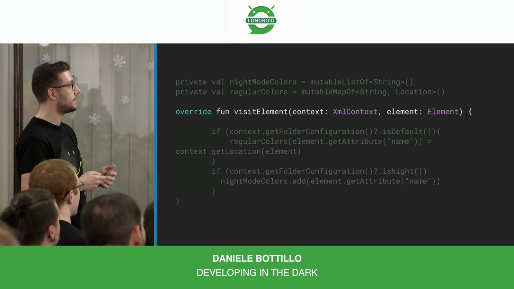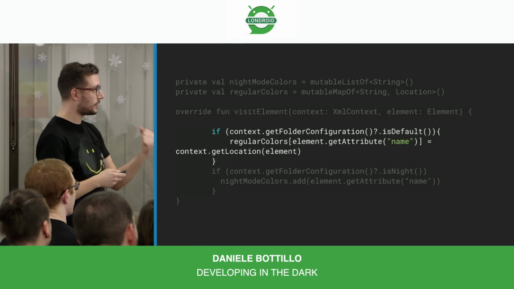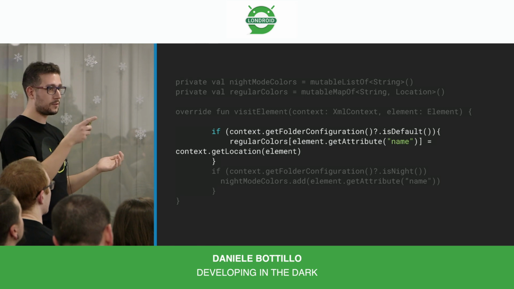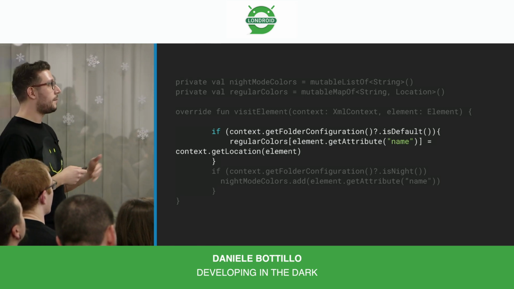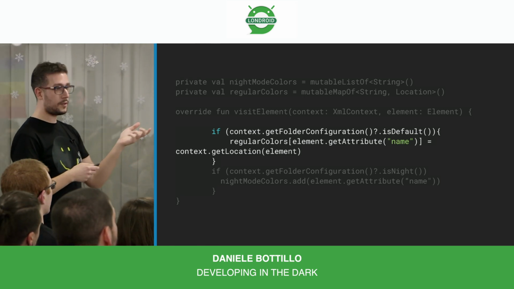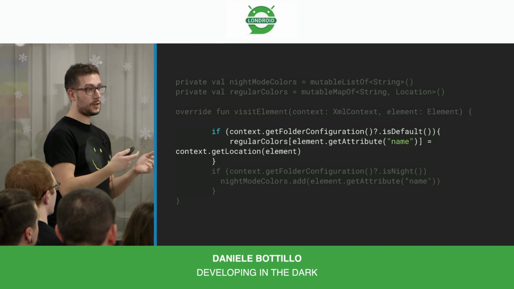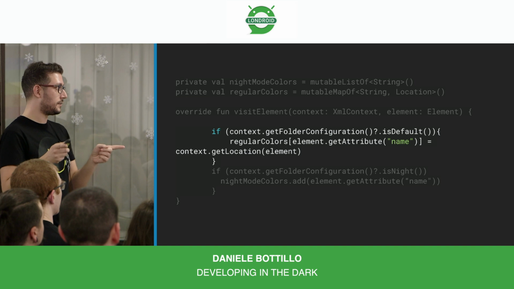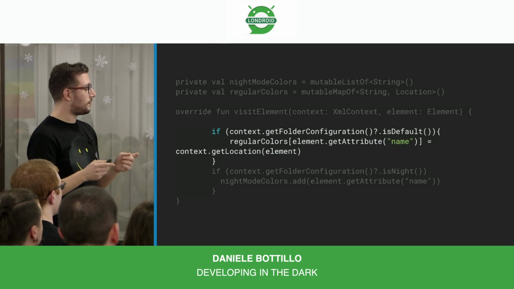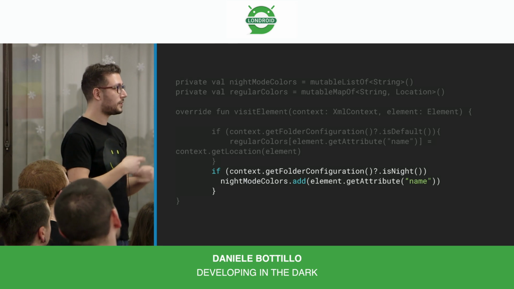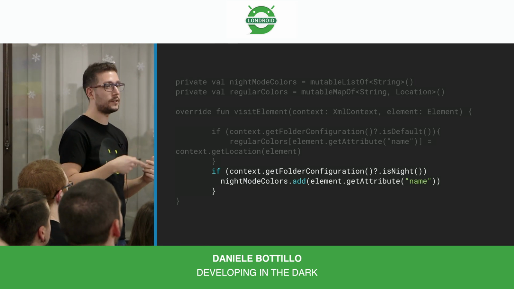And then you can say, can you give me the folder configuration of the color? If it's default, which means it's values/color.xml, I'm just saving the name of the color, so let's say white, and then I'm saving the location so you can get in which file it is defined. And in case it's a night configuration, I'm just saving a list of colors that I pass through.